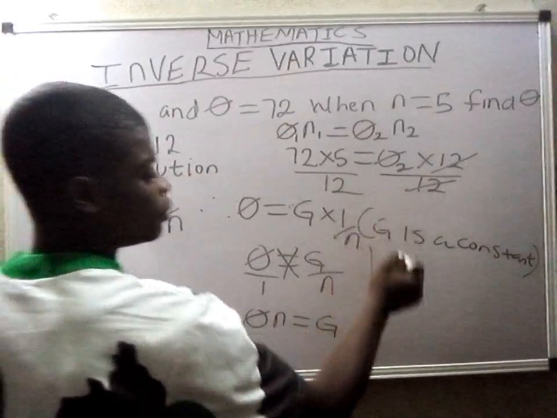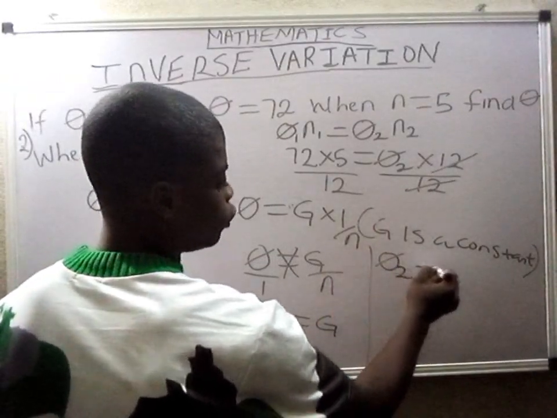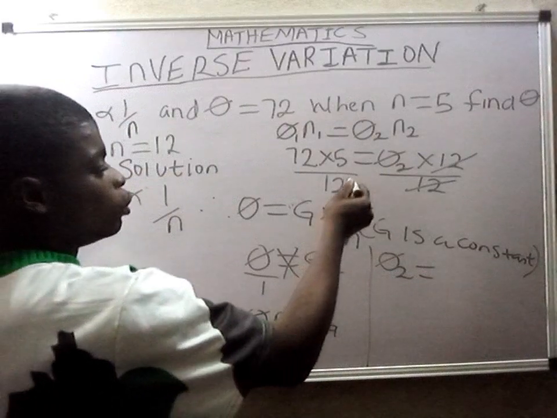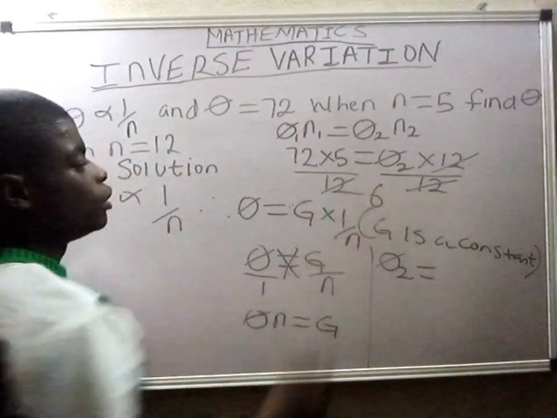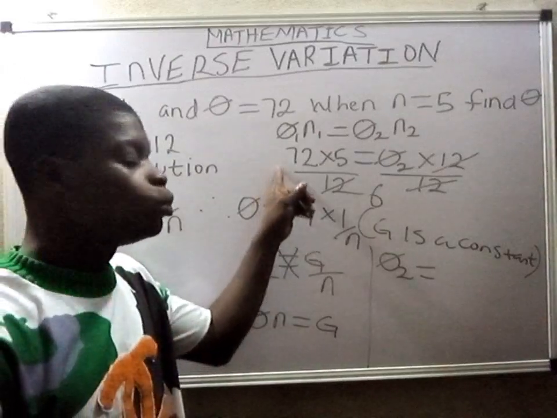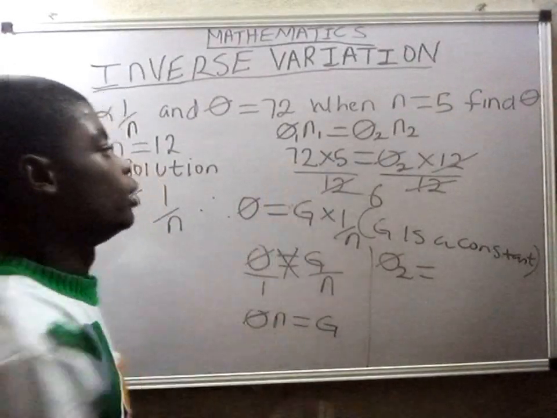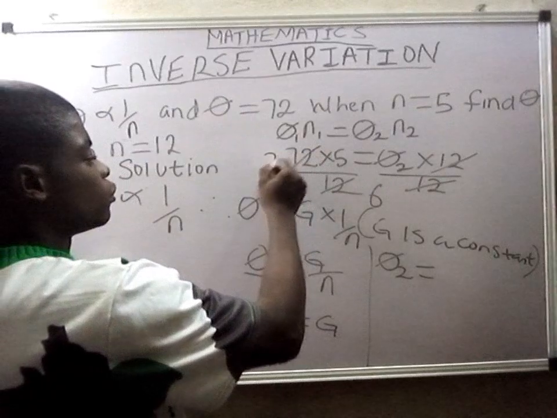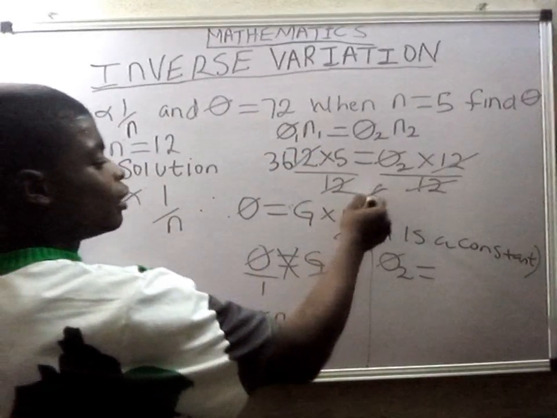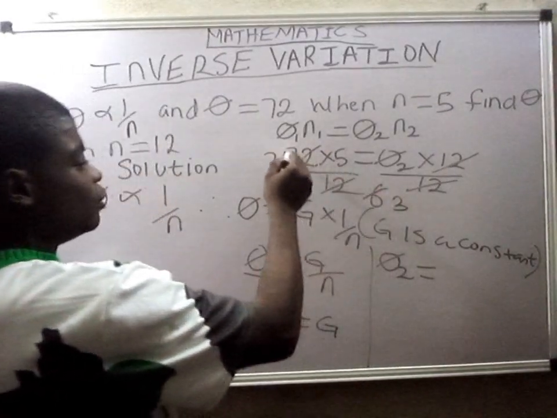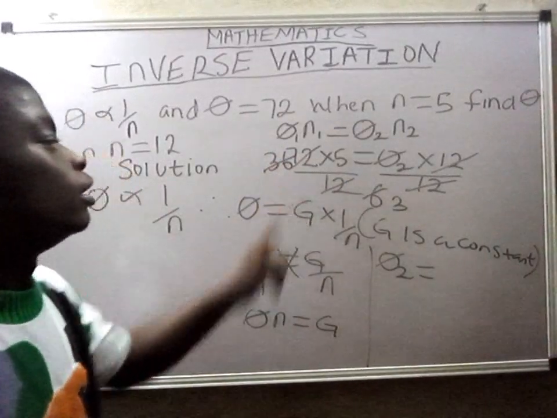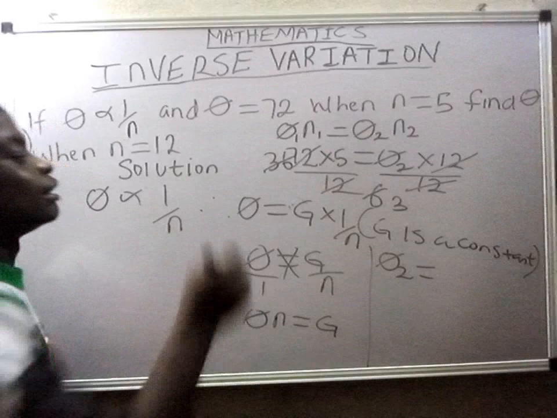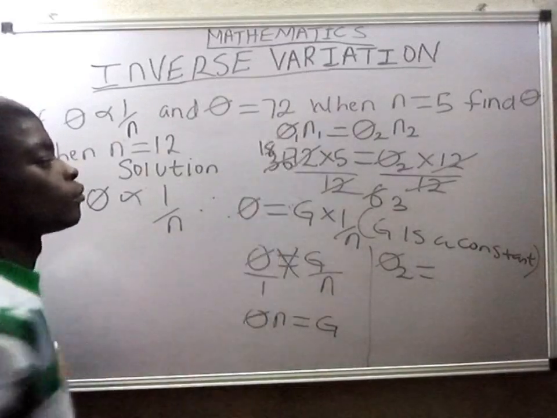So we say that theta 2 equals, so let's break it down. 2 into here is 6, and 2 into 72 is 36. 2 into here again is 3, and 2 into 36 will give us the value as 18.